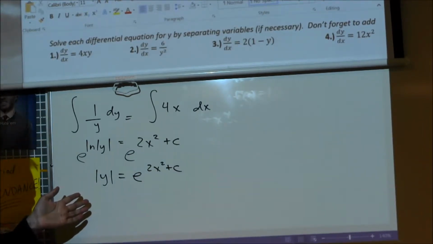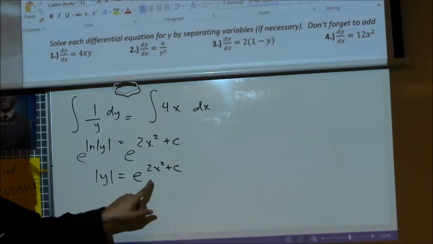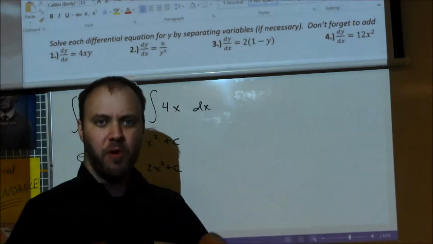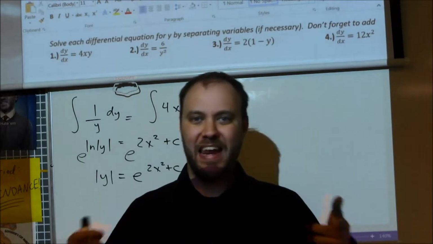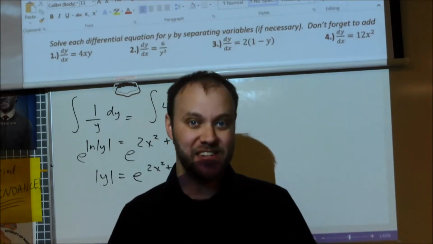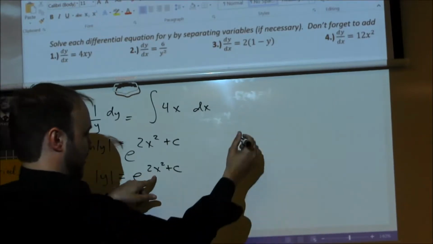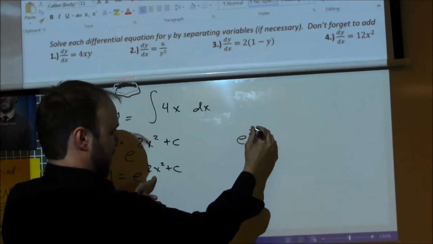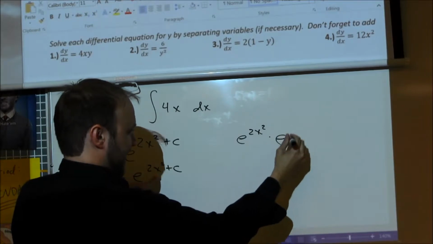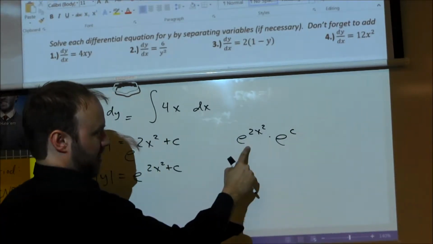Once I've done this, there are a couple things that you can change. Remember that when you're multiplying values with the same base, you add exponents. So in the same sense, if I want to break this up, I could rewrite this as e to the 2x squared times e to the c. I'm multiplying two values with the same base.